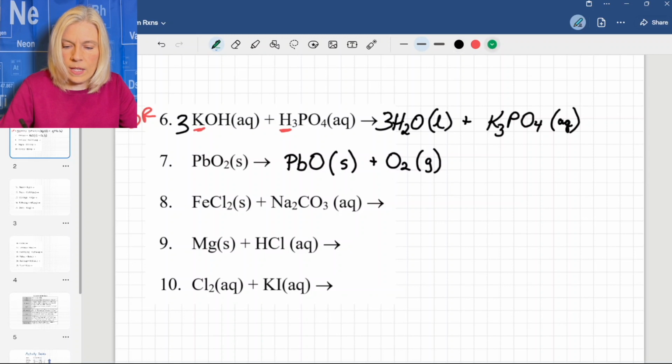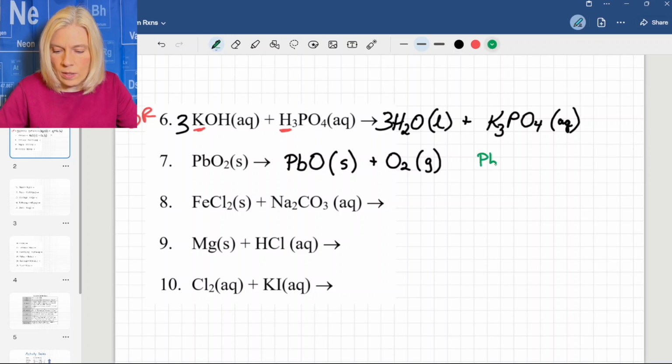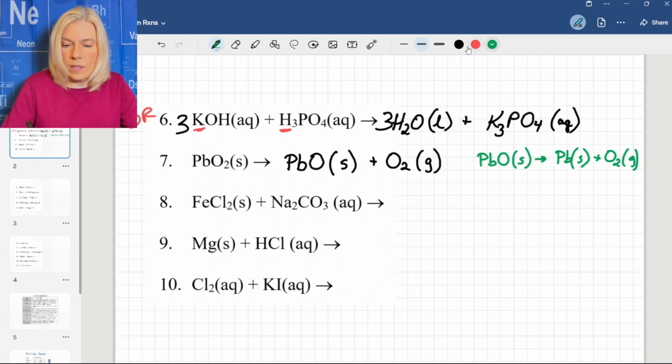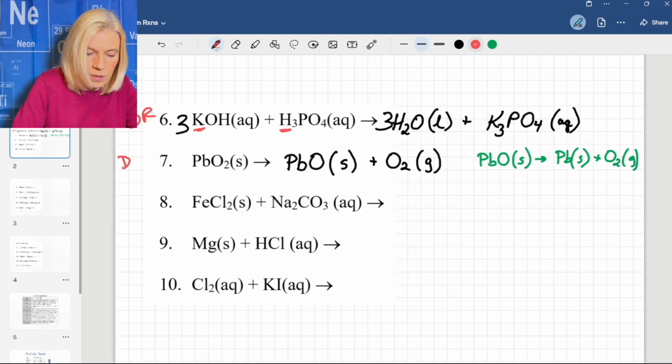Now, if I give you this reaction, this one, you will have lead solid plus oxygen gas. So it's a decomposition, and it is redox.